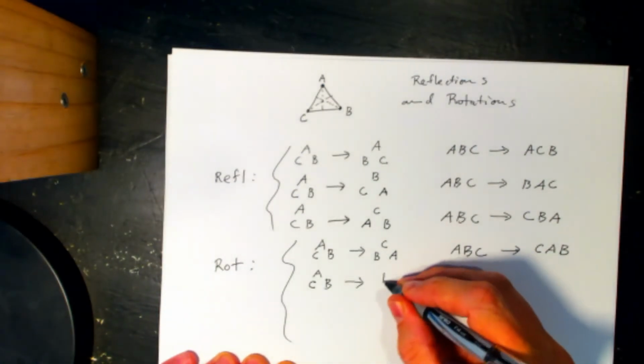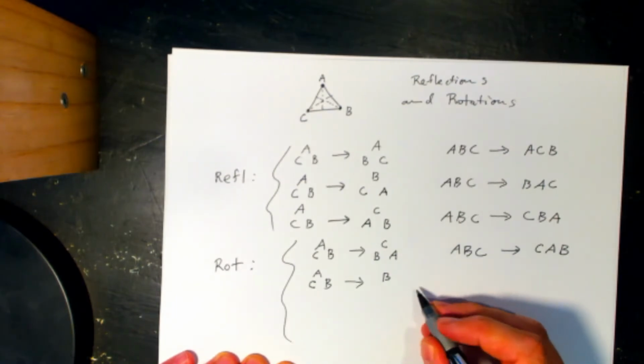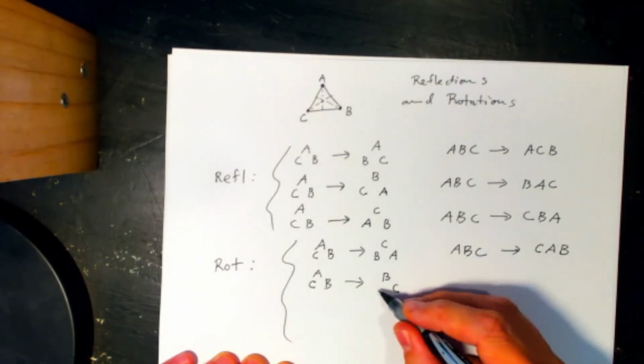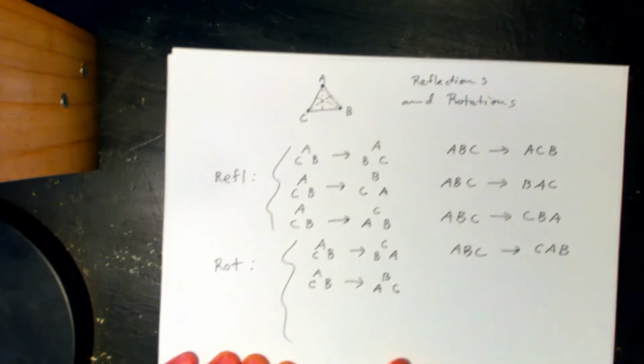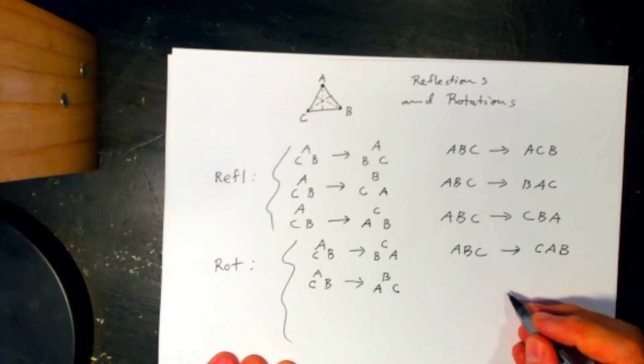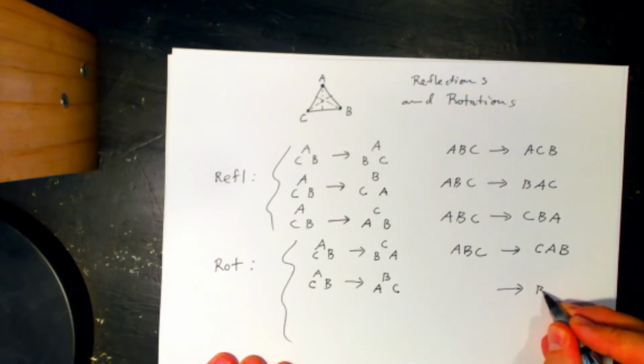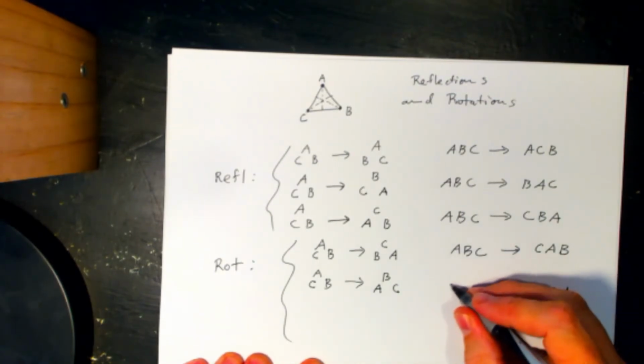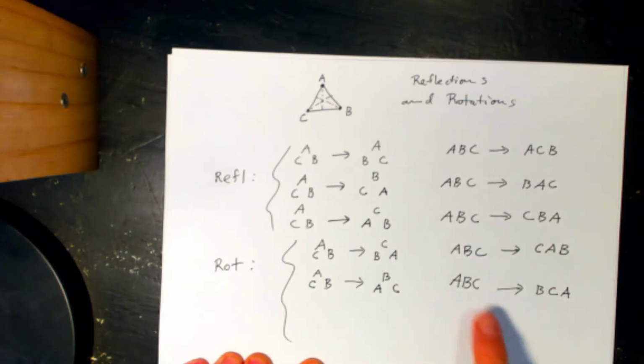So that would have us put the B at the top, and then we'd have C down here in the bottom right, and A over here. Okay, so if I write that this way, that's B, then C, and then A. So ABC goes to BCA, and I don't see that in any of these, so that's something new.